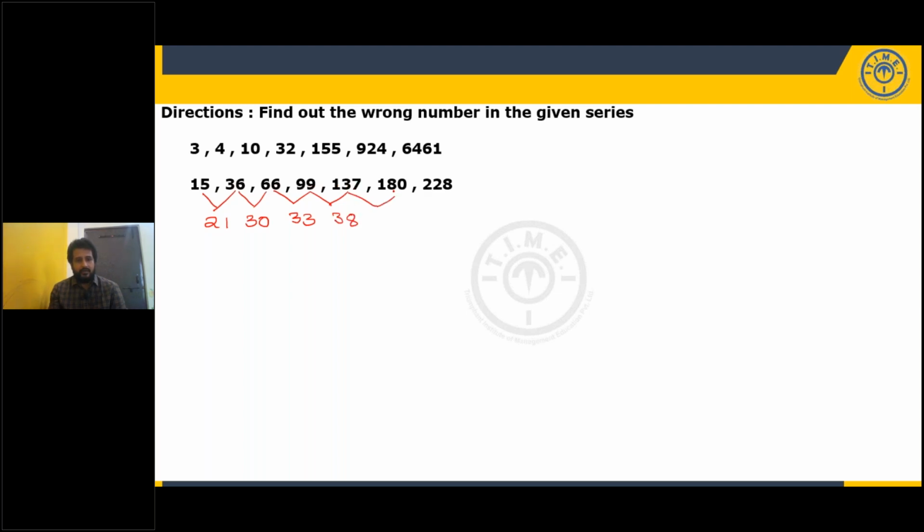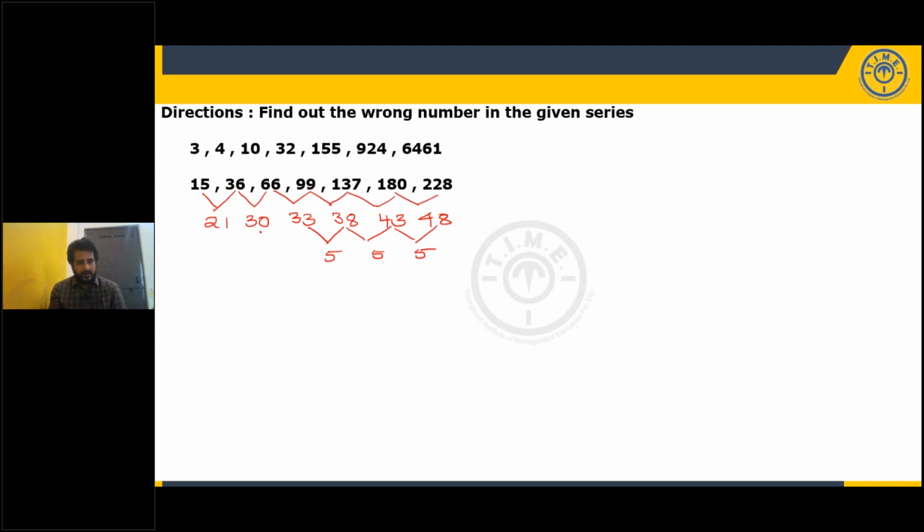Now, 137, 180 difference is 43. 180 to 228 difference is 48. Now, can you see the logic here? Difference of difference: 33, 38 is 5, 38, 43 is 5, 43, 48 is also 5.